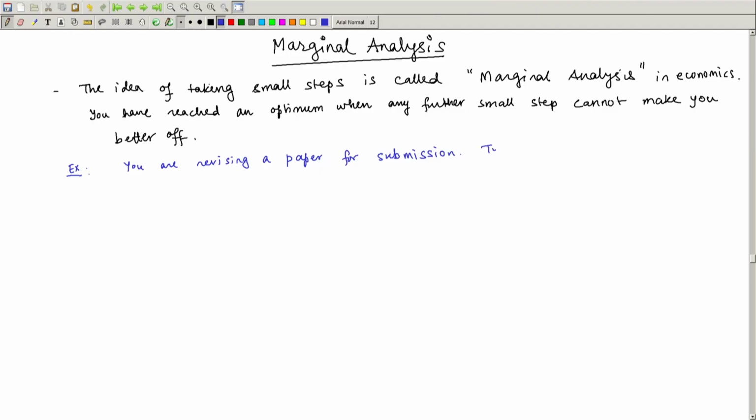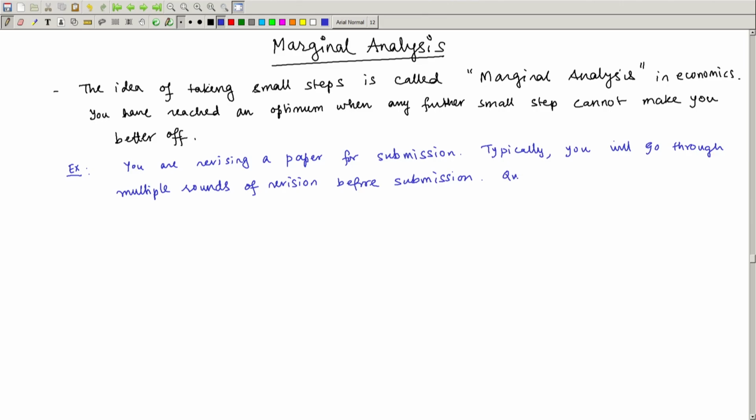So, typically you will go through multiple rounds of revisions before submission. The question that you are asking is, how many rounds of revision do you need before you feel that the paper is good enough for you to submit?